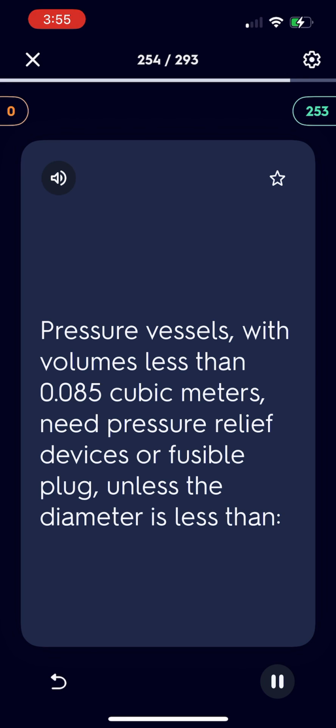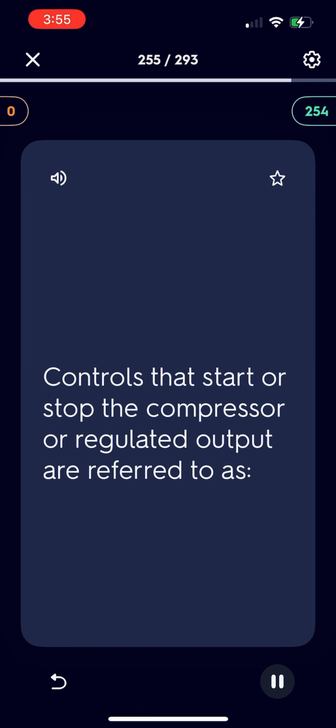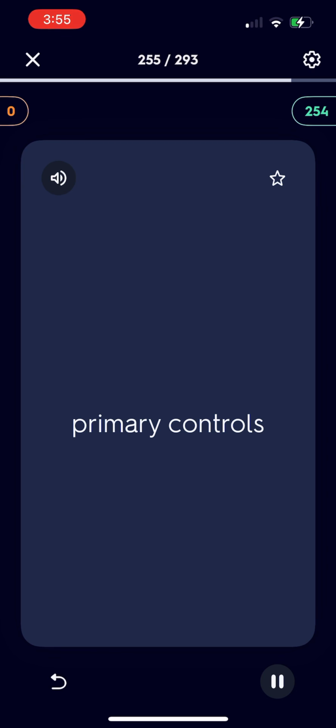Pressure vessels, with volumes less than 0.085 cubic meters, need pressure relief devices or fusible plug, unless the diameter is less than 152 millimeters. Controls that start or stop the compressor or regulated output are referred to as primary controls.